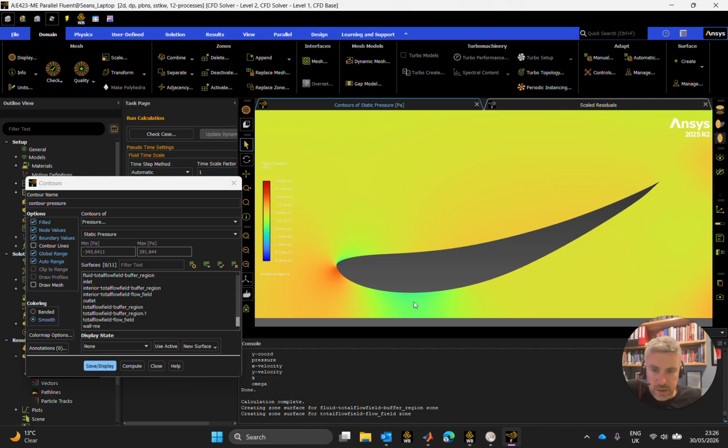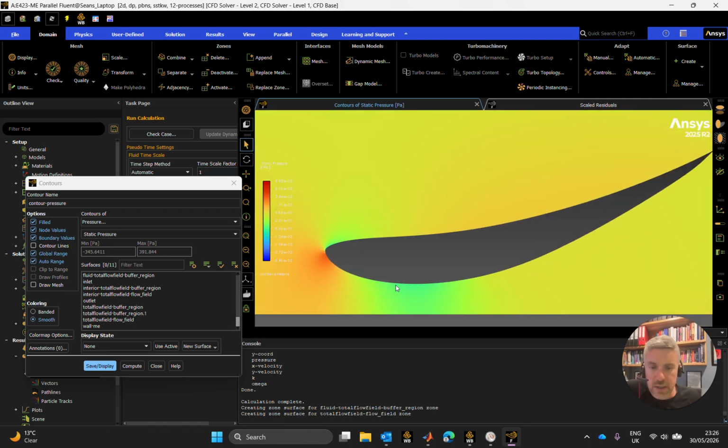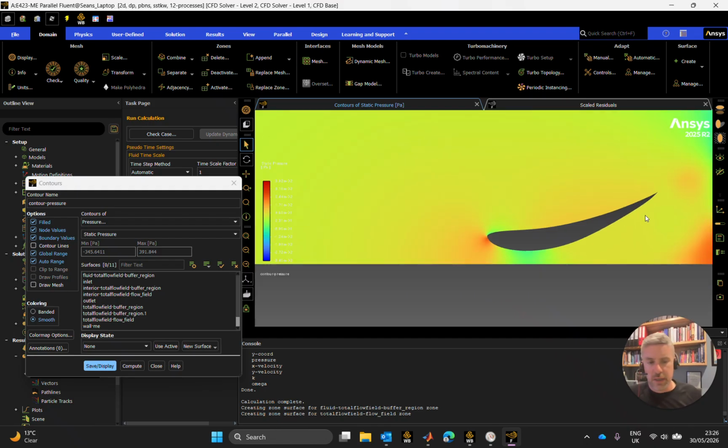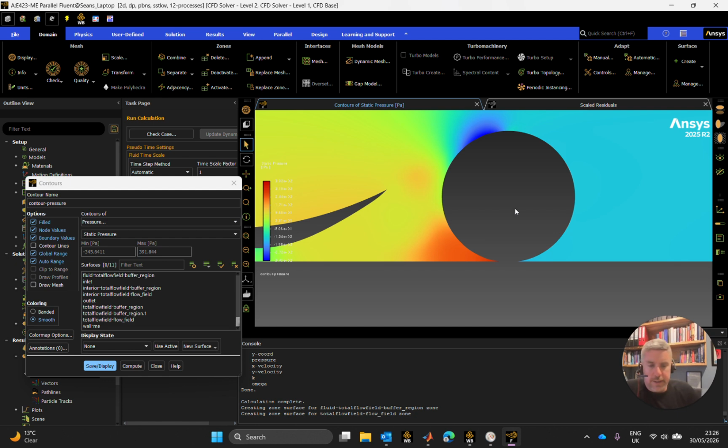So under here we have a region of low pressure, again relative to the ambient pressure out here, giving us some downforce, and then a slightly higher pressure here, again contributing to that downforce. See the effect of our wheel and tire here. We have a big high pressure region, obviously, where the air has nowhere to go. So again, this is in 2D.